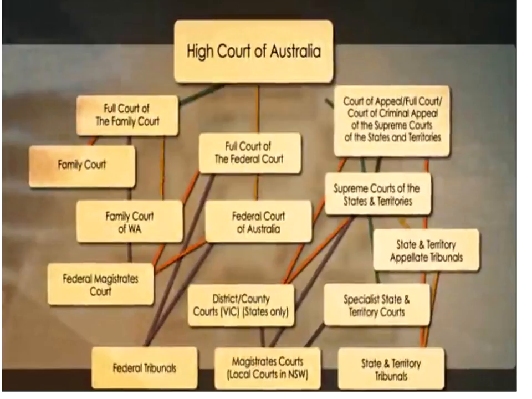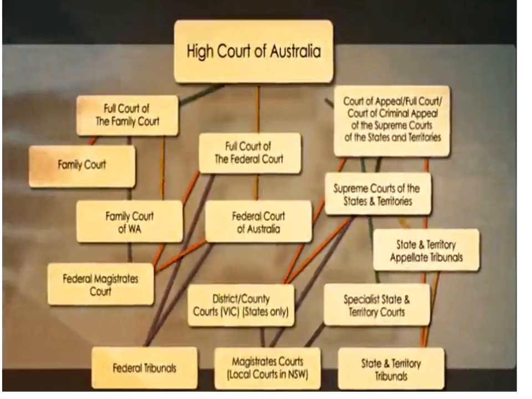Then over on the right-hand side, you can see the states and territories, their area of activity. There'll be a Court of Appeal or a Full Court, or a Court of Criminal Appeal, and it just varies what it's titled in the different states and territories. Then there'll be a Supreme Court, which is the main starting point for them.